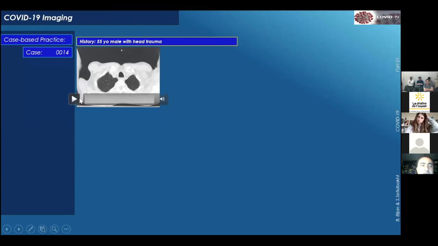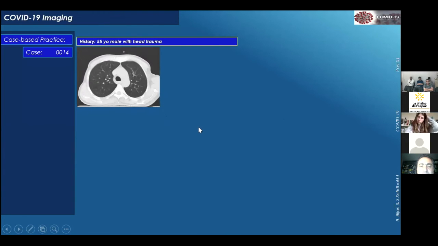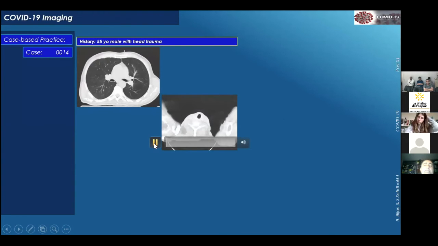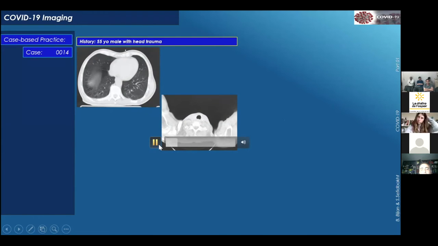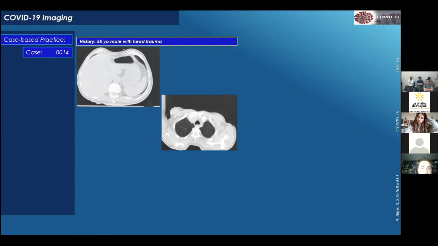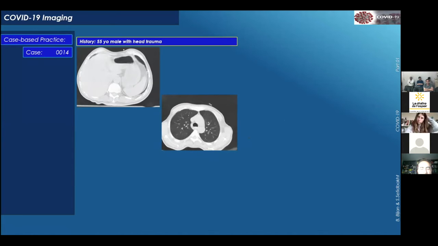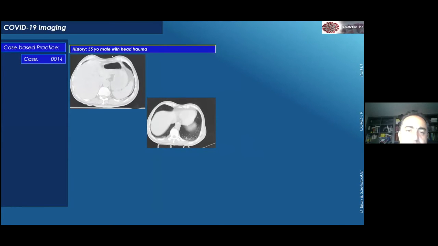Okay, take a look at this case. This is a 55-year-old patient with a history of head trauma. Now whenever we have a history of trauma, that can confuse us.